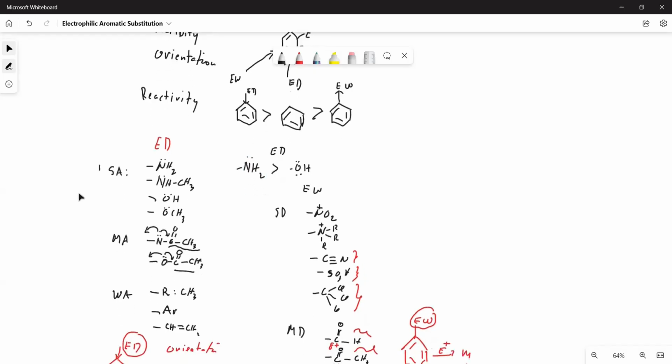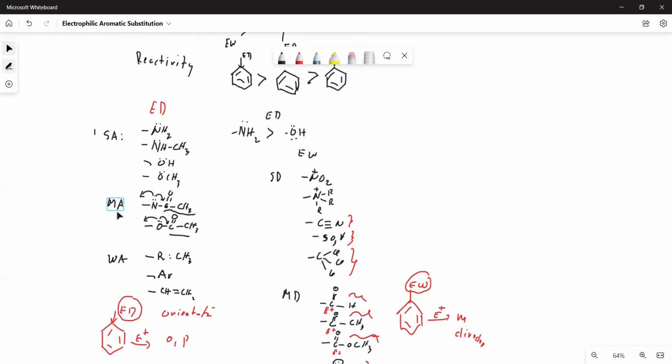Okay? Now, for the moderately activating, this include the amide group and the ester group. And you notice again, you have the lone pair in nitrogen and oxygen that will be donated to the ring as indicated by this arrow here. But why is it only moderately, not strongly? Because at the back of the nitrogen, there is this group, the carbonyl group, which is electron withdrawing.